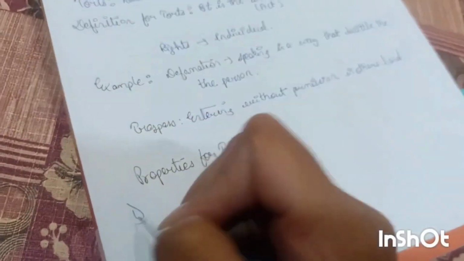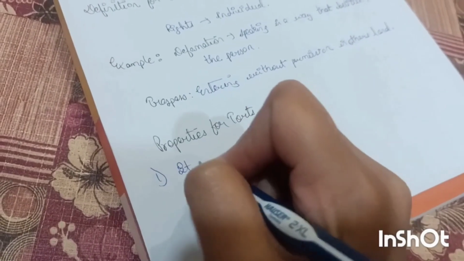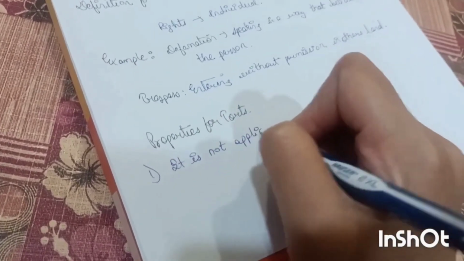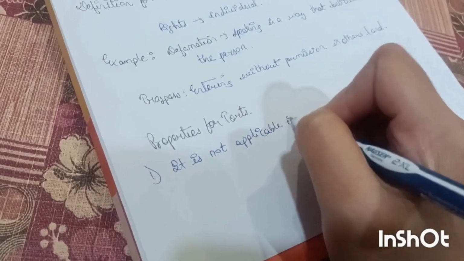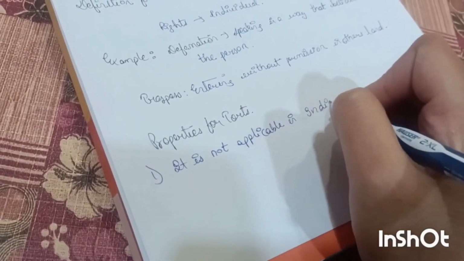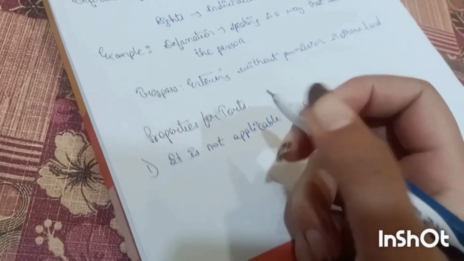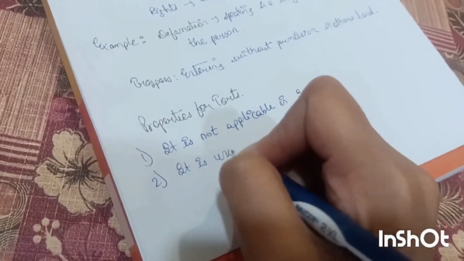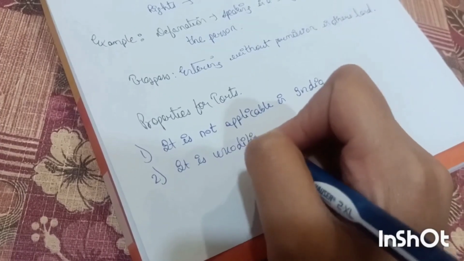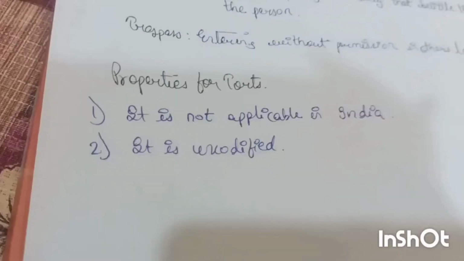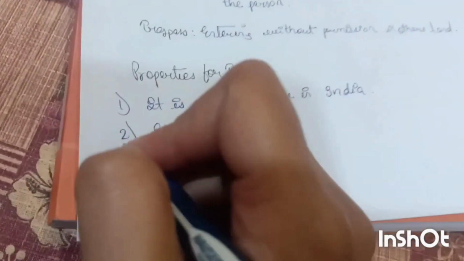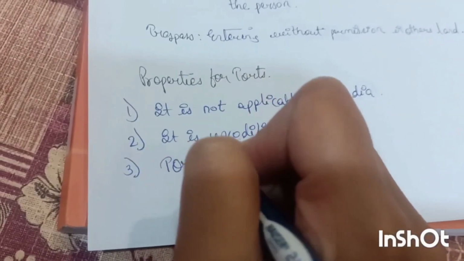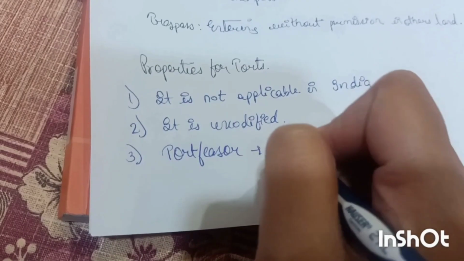Now let's see some properties of torts. First, it is not applicable in India, and second, it is uncodified. There is a word in torts, tortfeasor, which means tort doer.